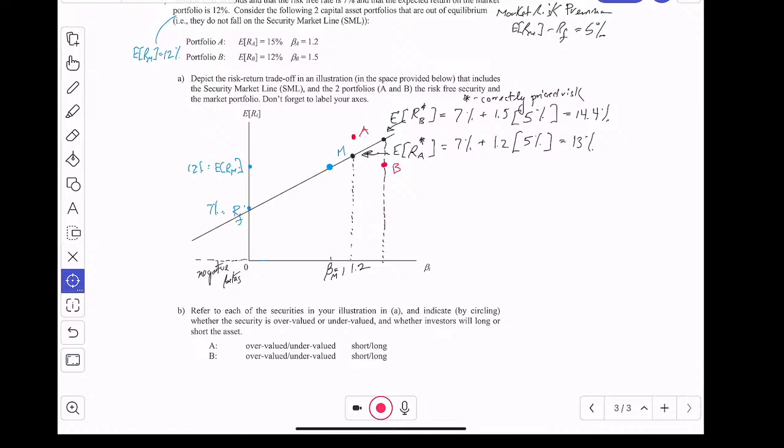So the nature of shorting is that you believe the price is expected to fall. In other words, you believe that the stock is overvalued.